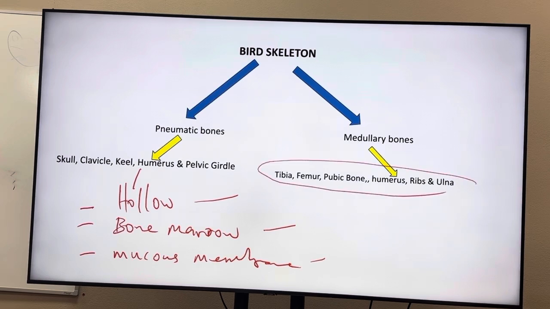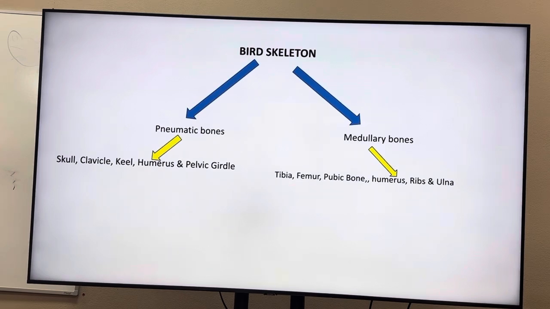Some of these bones, like the humerus, some literature says they have a medullary space, but to a large extent they are pneumatic bones.